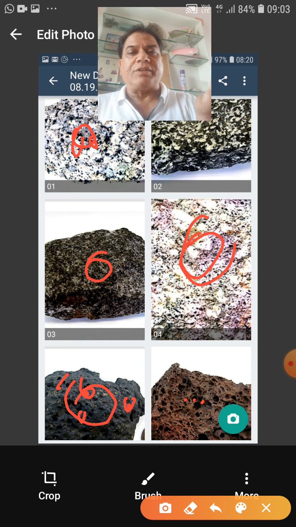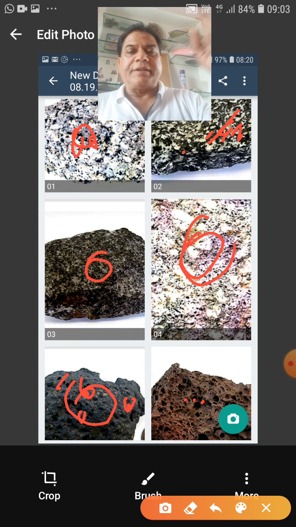There is not much difference between granodiorite and granite. All other parameters are the same except the nature of the feldspar. In granite, the feldspar is orthoclase, whereas in granodiorite, the feldspar is plagioclase. And the plagioclase grains, you can see here, are lath shaped.